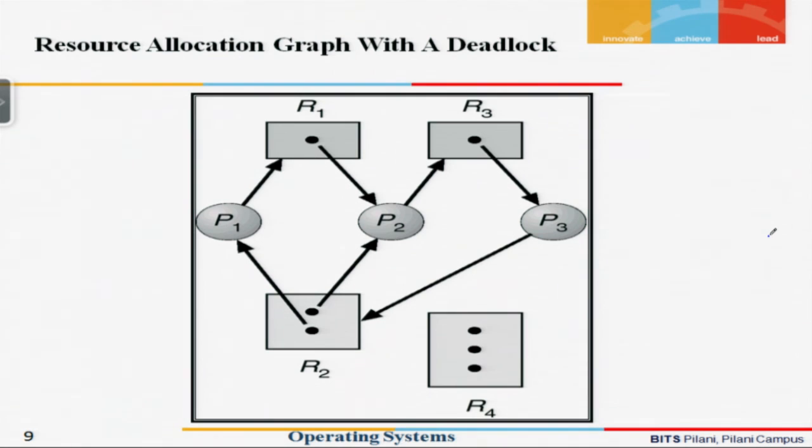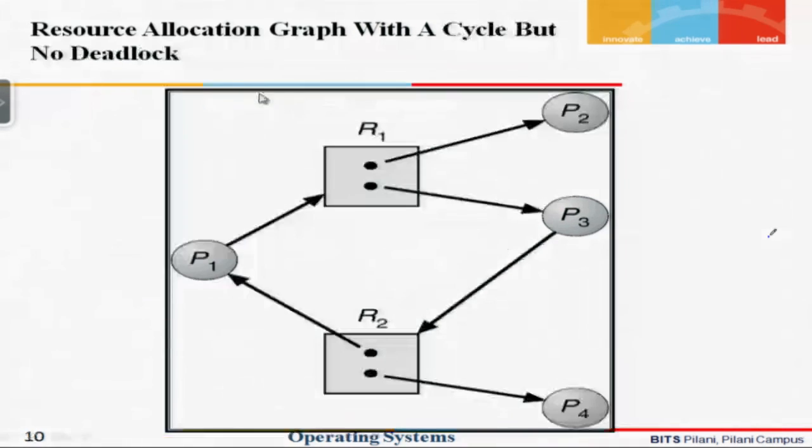So, just now I posed a question: does a cycle always guarantee that there is a deadlock? Here we are trying to give you an example where we can very clearly see that there is a cycle.